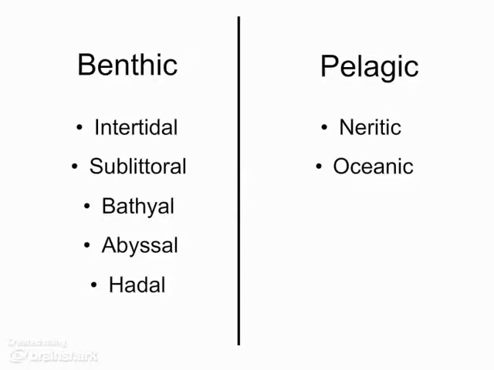In the past, my students and I have always practiced this as ISBA or BISBA: benthic, intertidal, sublittoral, bathyal, abyssal, hadal. Then the pelagic zone is kind of simple. It just has 2 zones, the pelagic environment. It has the neritic zone and the oceanic zone. And that's easy. You could just remember NO or PNO: pelagic, neritic, oceanic.